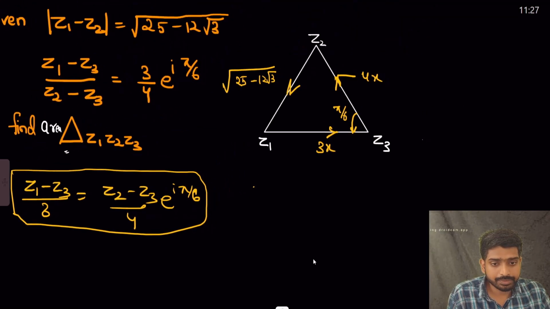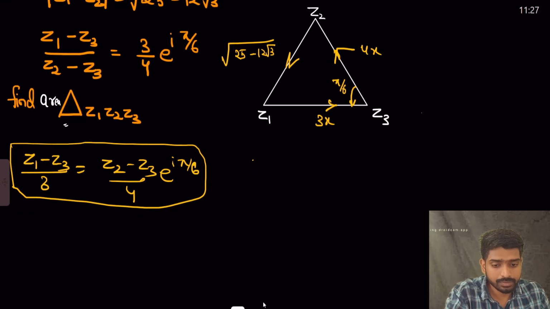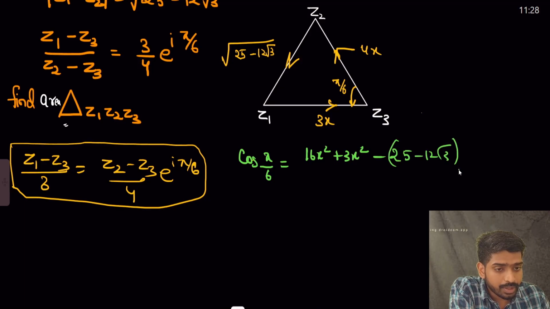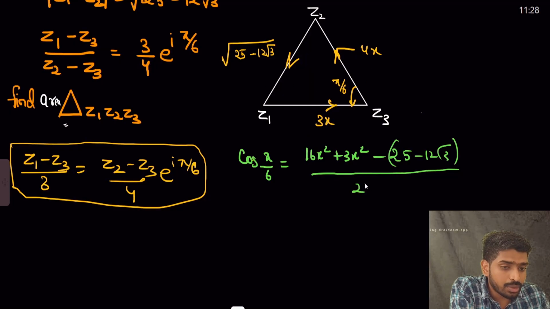We will get cos of pi by 6 equal to the adjacent sides' squares, 4x square plus 3x square, minus the opposite side square, that is 25 minus 12 root 3, divided by 2ab. 2ab means 2 into the adjacent sides, so 2 into 4x into 3x.